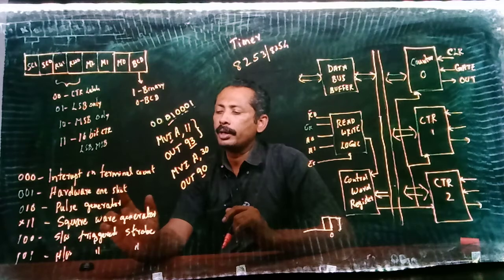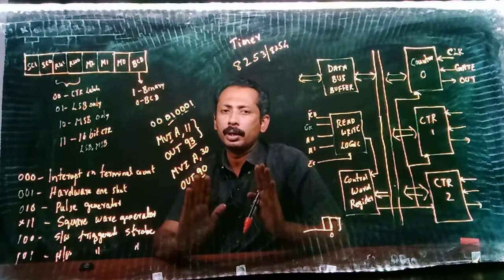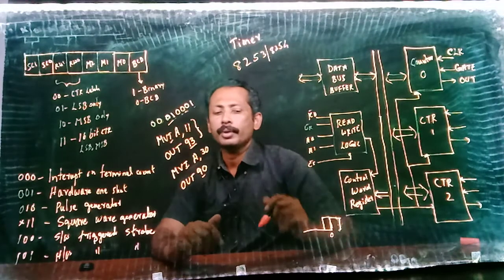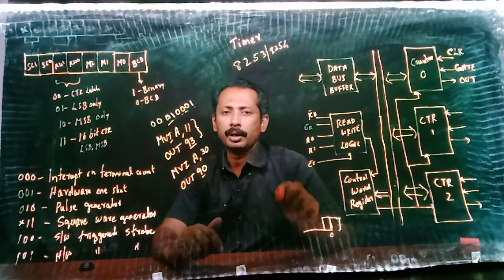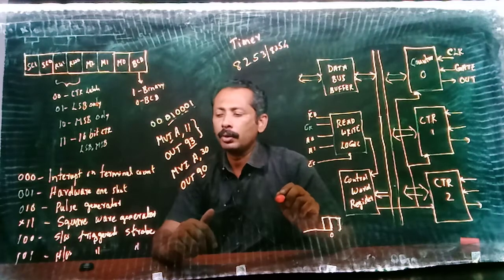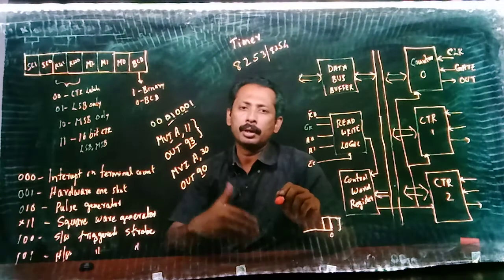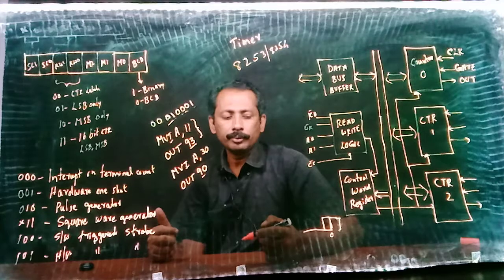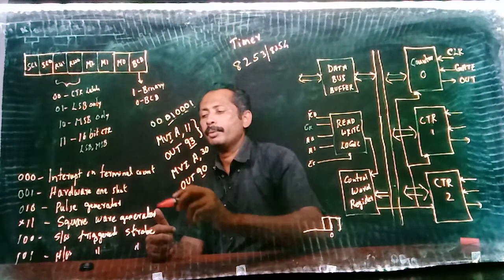Then square wave generator means ഒരു കൗണ്ട് കൊടുക്കുകയാണെങ്കിൽ ആ കൗണ്ട് കഴിയുമ്പോൾ സ്റ്റേറ്റ് ടോഗിൾ ചെയ്യും. ആദ്യം ഔട്ട് 0 ആണെങ്കിൽ ഔട്ട് ഹൈ ആയിട്ട് നിൽക്കും, വീണ്ടും കൗണ്ട് റീലോഡ് ചെയ്യും. When the count reaches 0 it toggles.